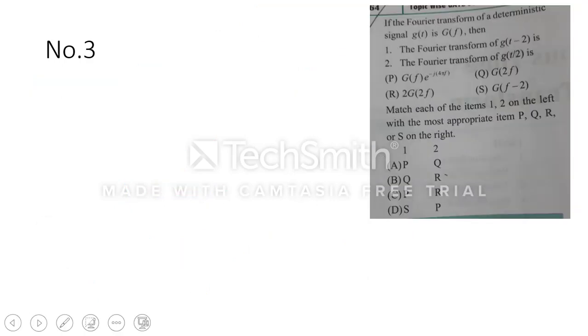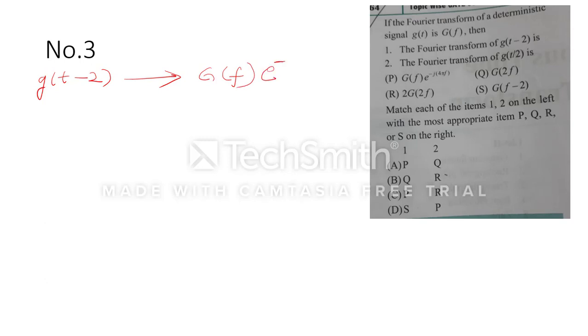Our next numerical: if the Fourier transform of a deterministic signal g(t) is G(f), they are asking for the Fourier transform for two signals, g(t minus 2) and g(t by 2). For g(t minus 2), time shifting is there, so it will become G(f) with the time shifting exponential with the same sign, so minus 2j omega.